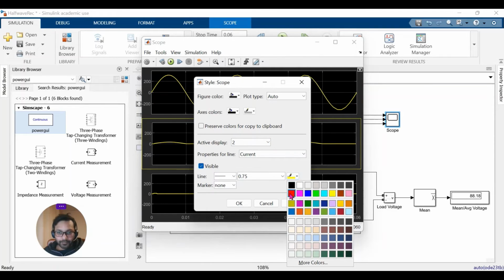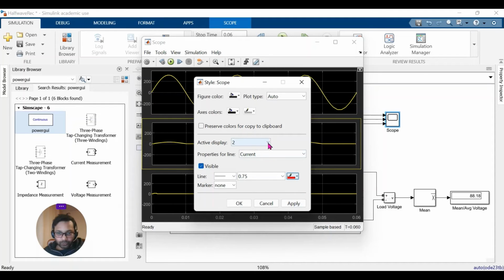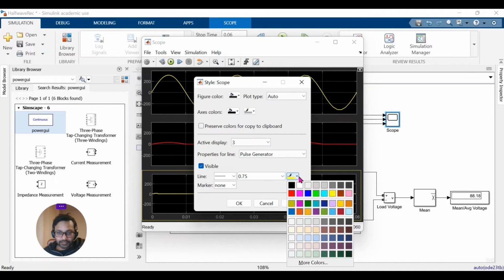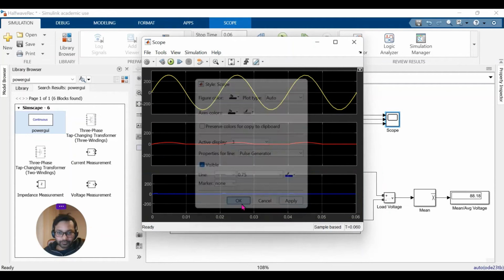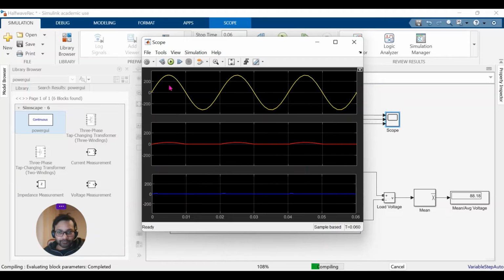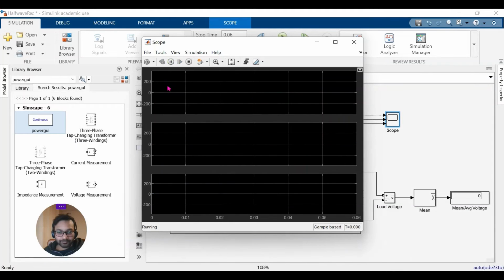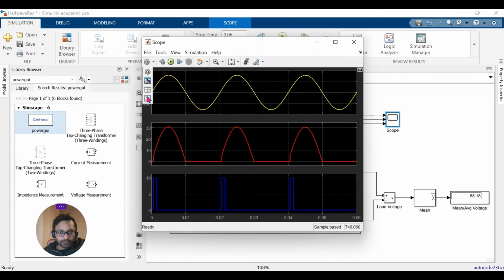For active display 2, let's change it to red, and for active display 3, let's change it to blue. Something like that. And if we run it again, let's turn on the legend as well. Okay, so this is the 10-degree firing angle.